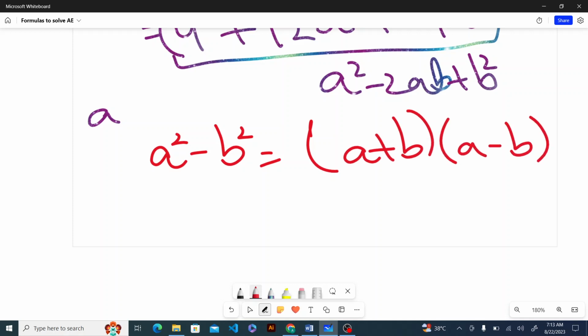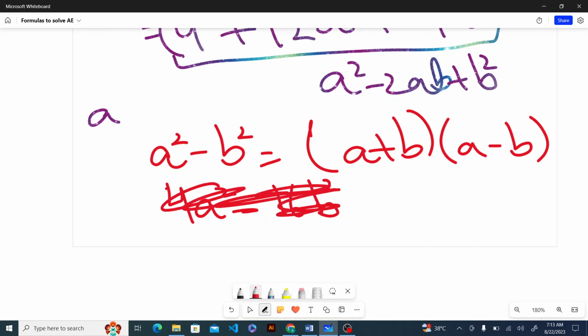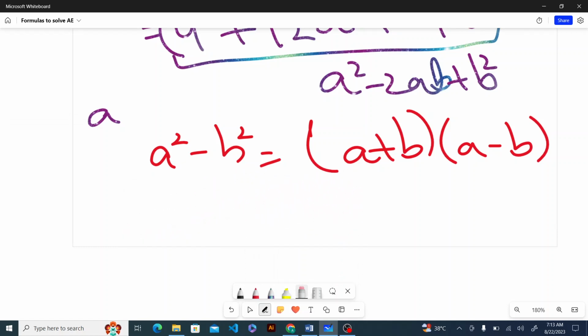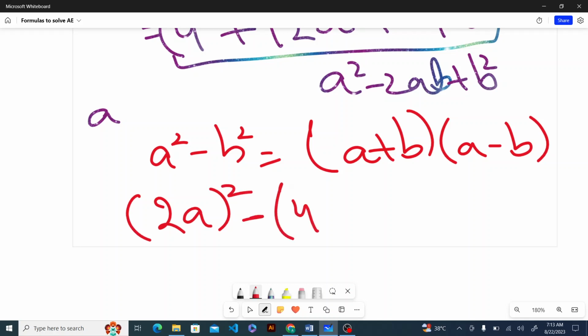Okay, now if we have 4a square minus 16b square, we should say it like this: 2a whole square and minus 4b whole square.